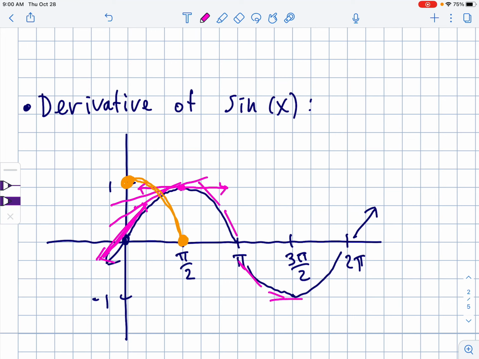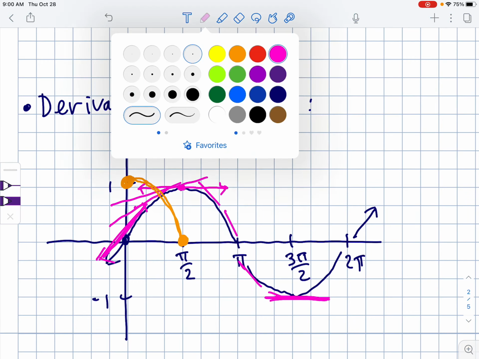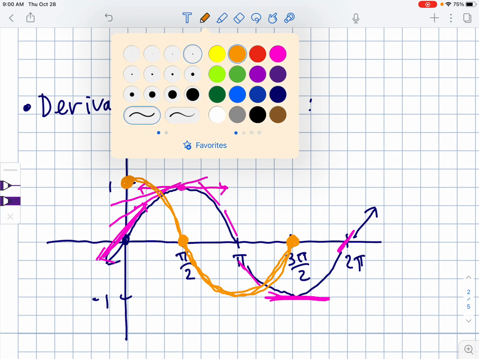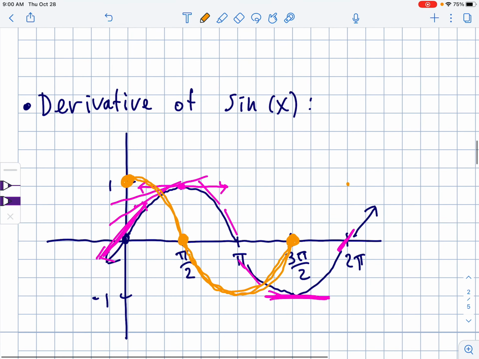But then here, you have a slope of 0 again. So this comes back and crosses at 3 pi over 2. So it looks something like this. Then the slopes turn positive again and go all the way up until you have a slope of 1 at 2 pi. So it comes back up the mountain.